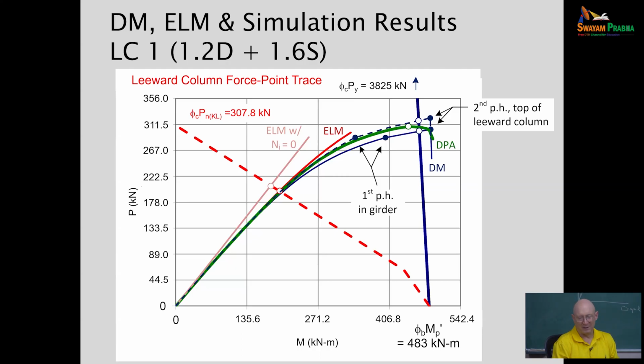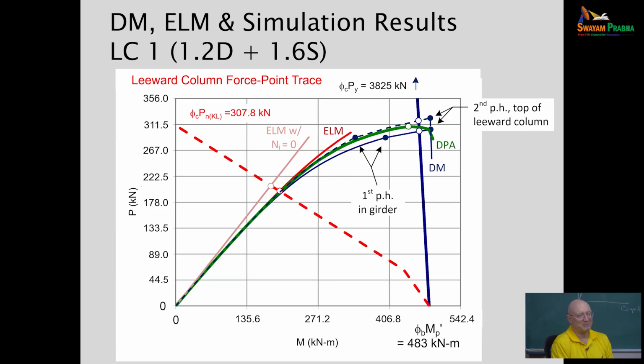And then you can see from our solution here, traditionally the very light red solution, when there's no notional load, we intersect that curve with the force point trace in our column. Okay, we're done. It's elastic design.